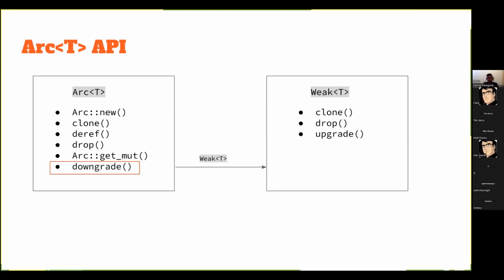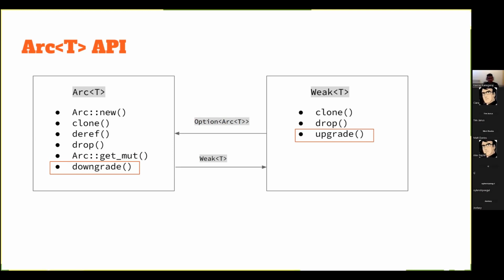The standard library Weak has a function to create a Weak object, like Weak::new, but the implementation we're going to do doesn't have that. So the only way you can create a Weak pointer is by creating an Arc and then downgrading it to a Weak. And the only way you can use the value inside the Weak is by upgrading it back to an Arc.